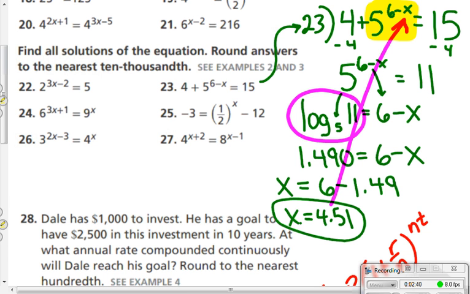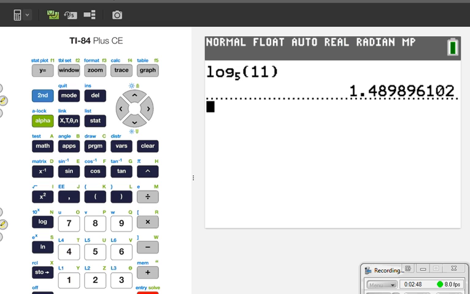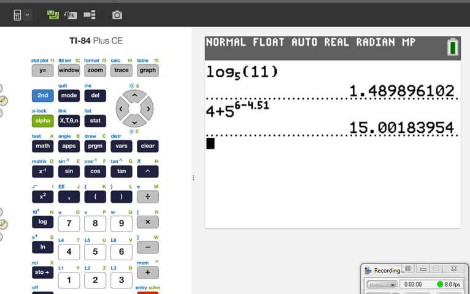So on my calculator, if I try 4 plus 5 to the 6 minus 4.51, I should get something close to 15. It looks like a good answer. It's not exact because when we did the log, we rounded it. That's number 23. Let's see.